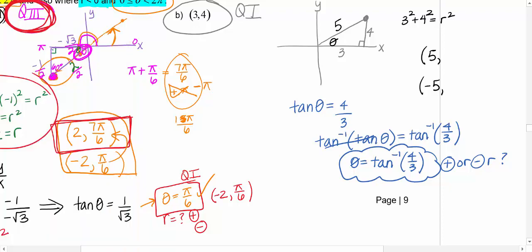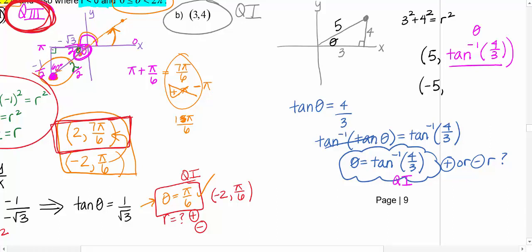So that theta is in quadrant 1. Okay, so I want to pair that with my positive r value, because that's exactly where I want to be. And if I want to keep it exact, that is theta, inverse tangent of 4/3.